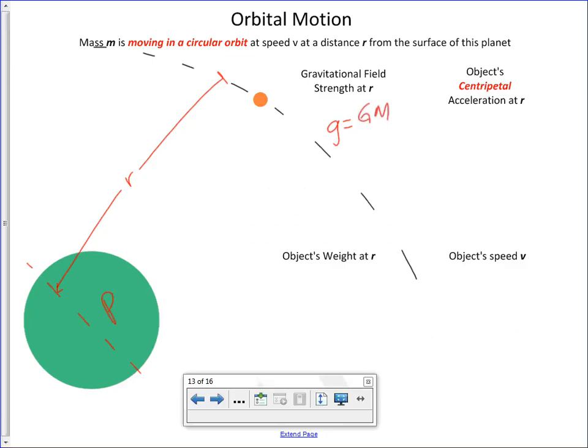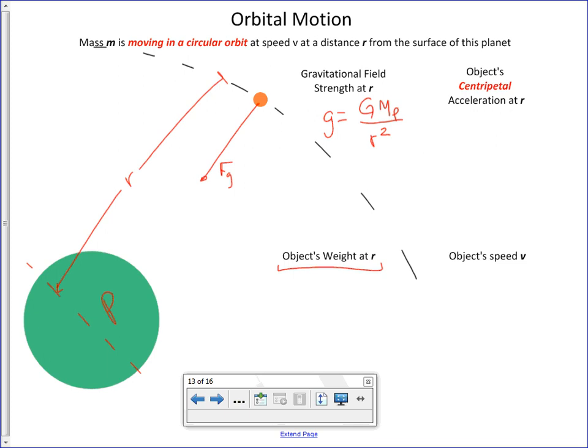The gravitational field strength at this location we can write as G mass of the planet over distance from the planet center squared. Now, what we haven't said explicitly is why objects are able to move in circular orbits. Well, they do that because this object's weight, that is a gravitational force, points towards the center of its circular path.